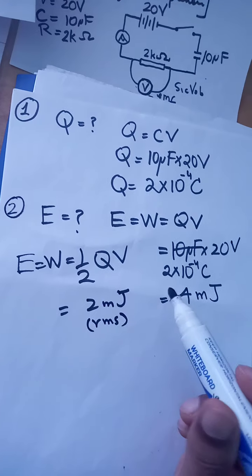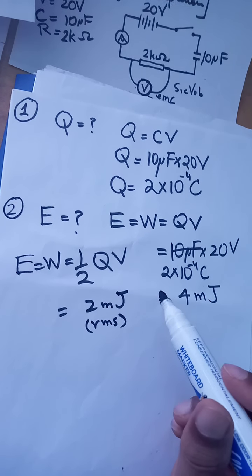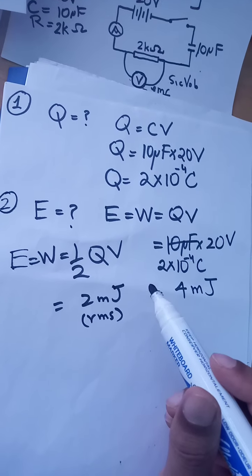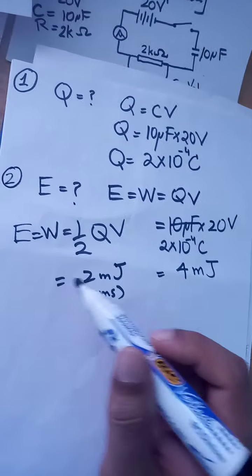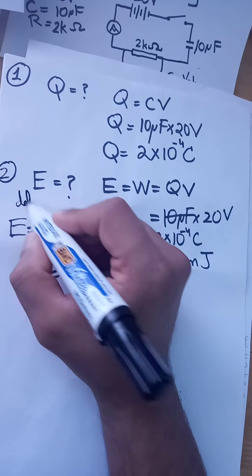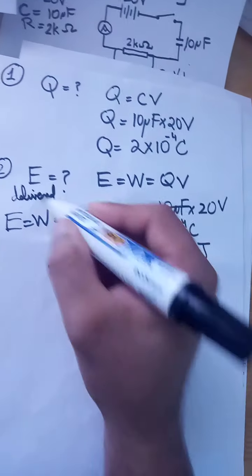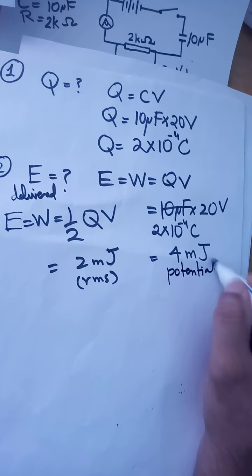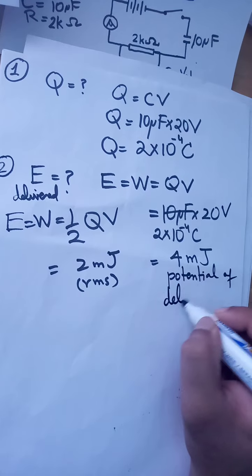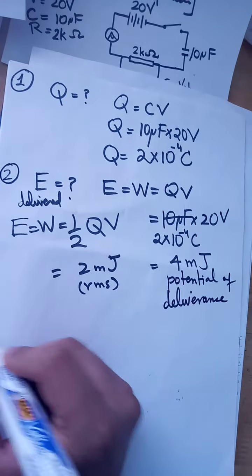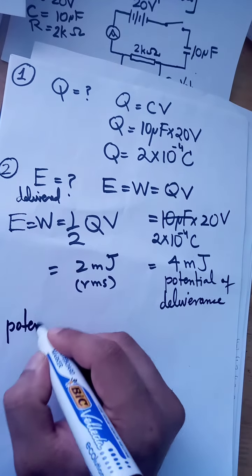And then we can do energy stored. So that was energy delivered. So how much is the potential energy? That's the potential of deliverance, but this one would be potential of storage.